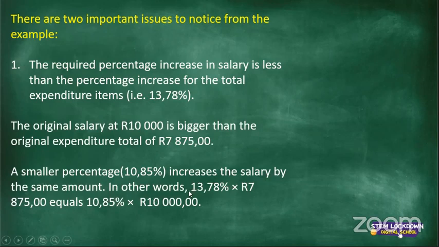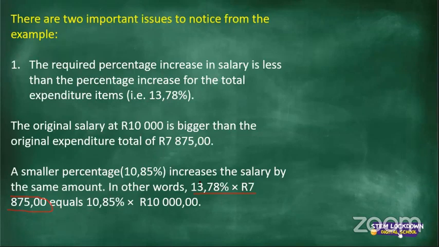In other words, 13.78% multiplied by the 7,875 rands equals the 10.85% multiplied by the 10,000. I hope you can see what I'm comparing here. Here I'm comparing the one we did of the inflation rate based on the parent's expenses. This is the total expense, the 7,875 rands. That was the total expenses before the increases, right?